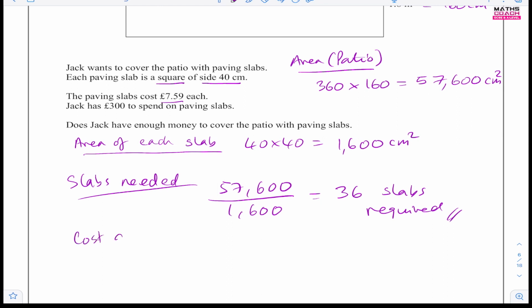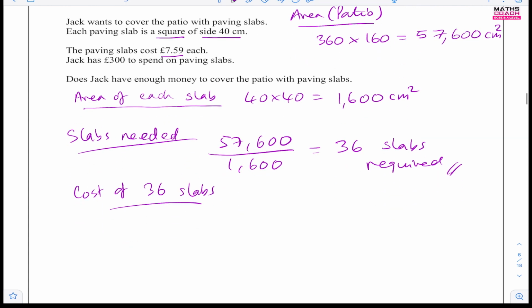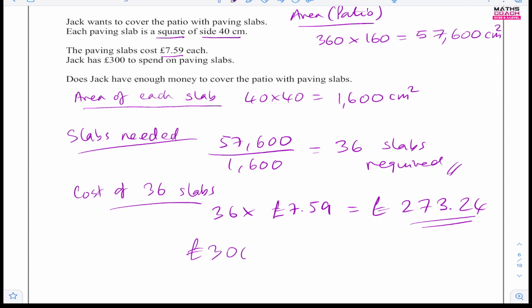So the cost of 36 slabs would be 36 times £7.59, and that gives us £273.24. So £300 is enough.